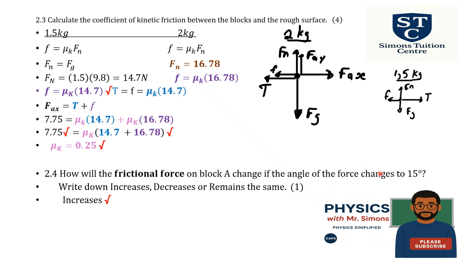But the smaller I make that angle, the more of the object is in contact with the surface, and then technically it should make sense that we have a greater frictional force. So smaller angle, bigger frictional force. Bigger angle, smaller frictional force. Therefore, my frictional force will increase because my angle has decreased.